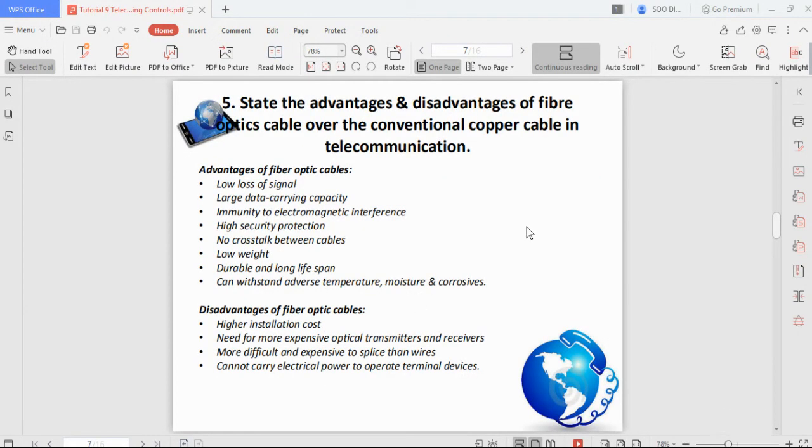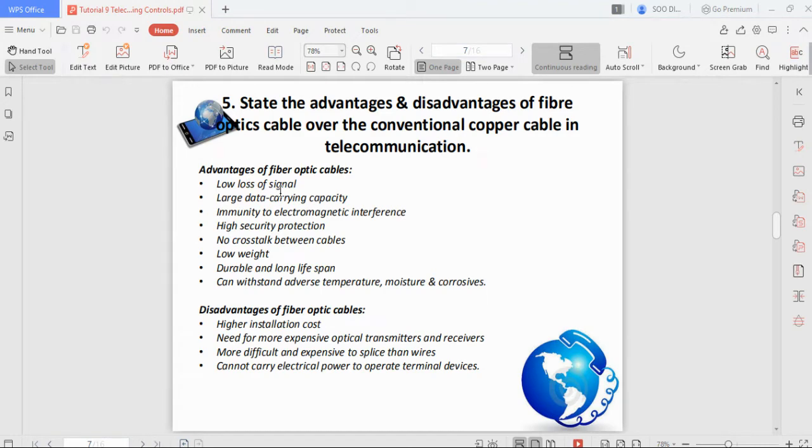Okay, so why are we changing and moving to fiber optic as opposed to copper wire? Fiber optic actually offers a lot of advantages as opposed to copper cable. One of the advantages of fiber optic is there's low loss of signal.